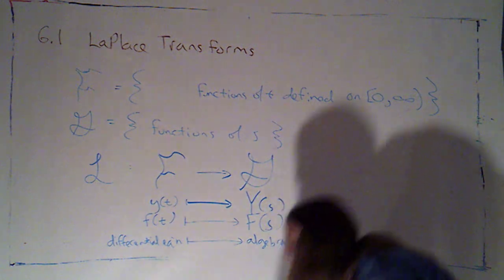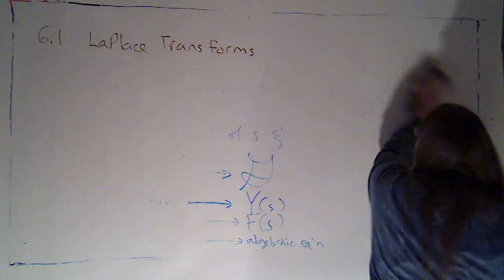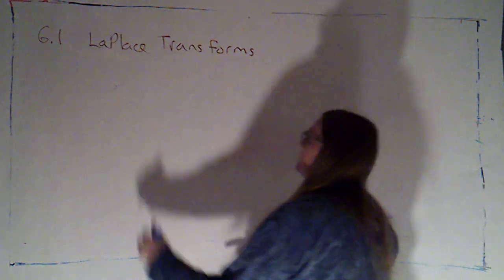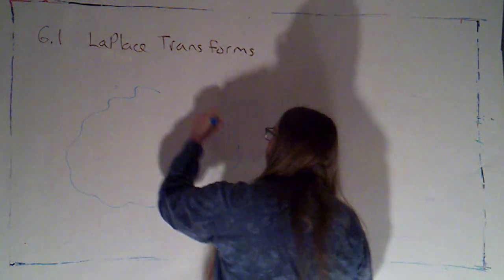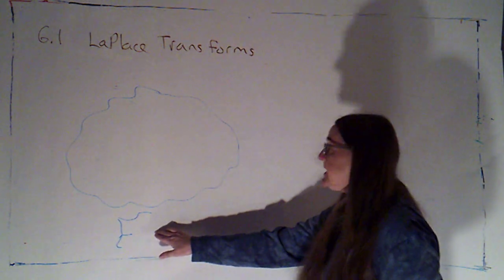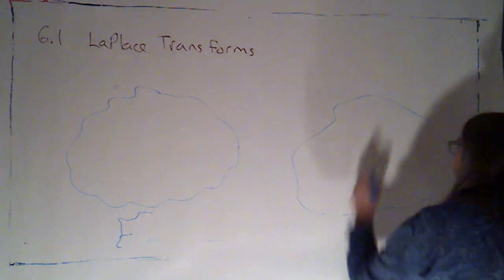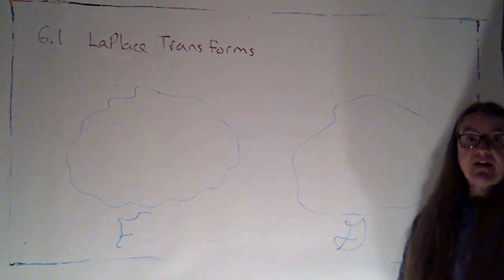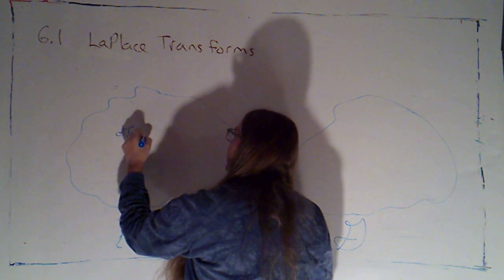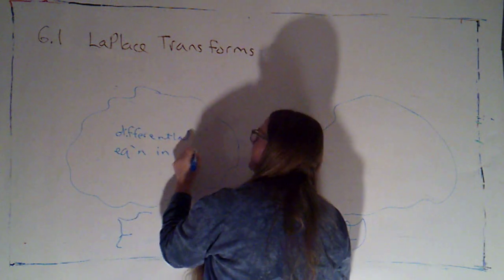Okay. So here's basically a picture of what we're going to be doing. Here I have the land of F. These are my functions of t that are defined from 0 to infinity. And here I have the land of G, that's my functions of s. I'm going to start over here with a differential equation in y of t.